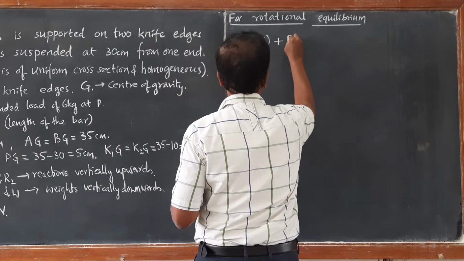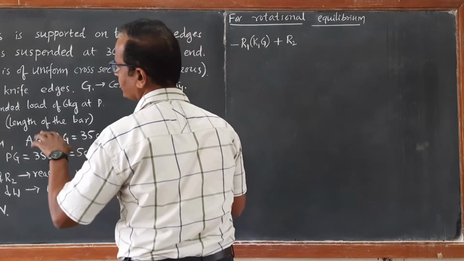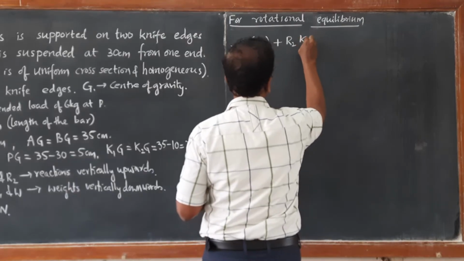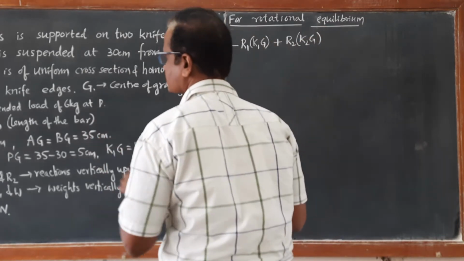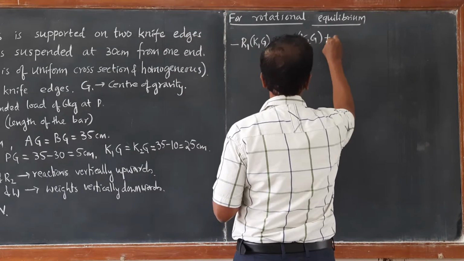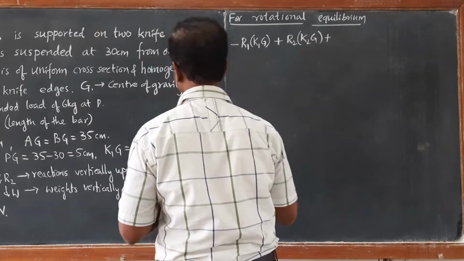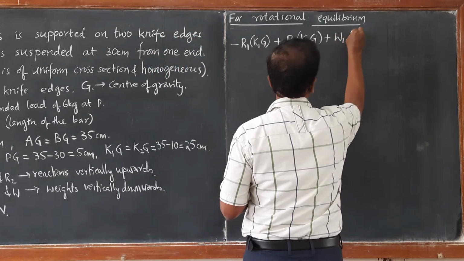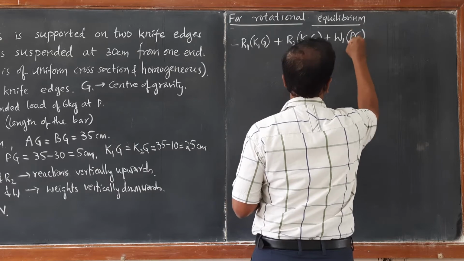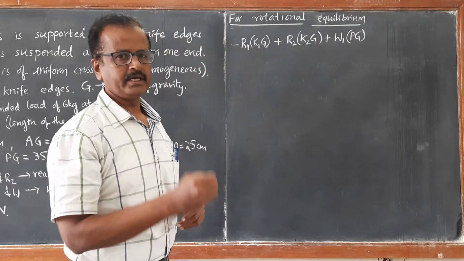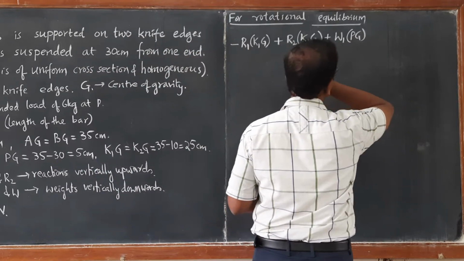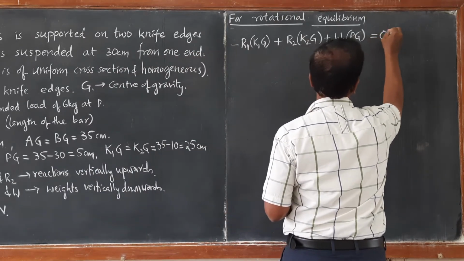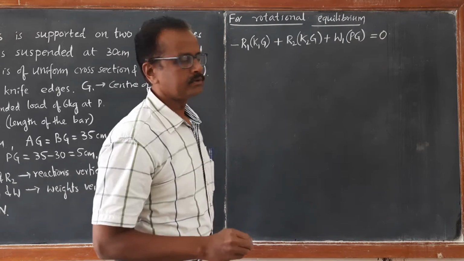Plus R2 into K2G, plus W1 into PG, where P is the point at which the external load of 6 kg is suspended. So W1 is 6 kg. This must be equal to 0. The sum of all these moments must be equal to 0.